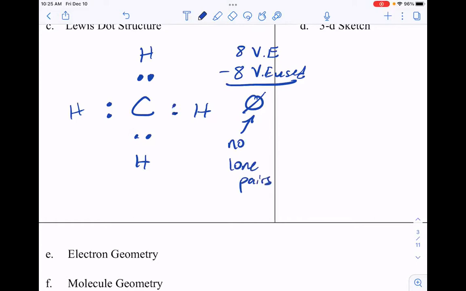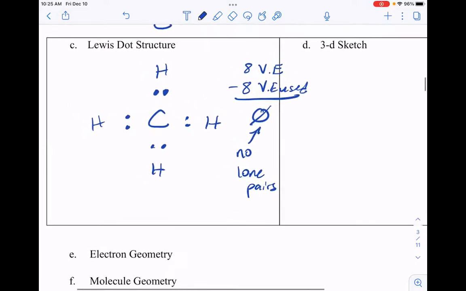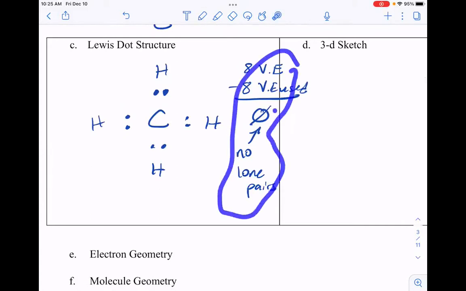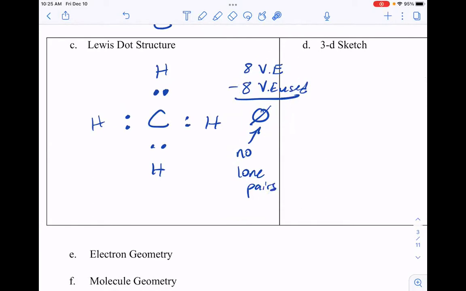I've taught this enough times to constantly see this, but a lot of students take this calculation for granted. The moment that it says 0 lone pairs, in your final draft, there should be no lone pairs on your central atom, right?